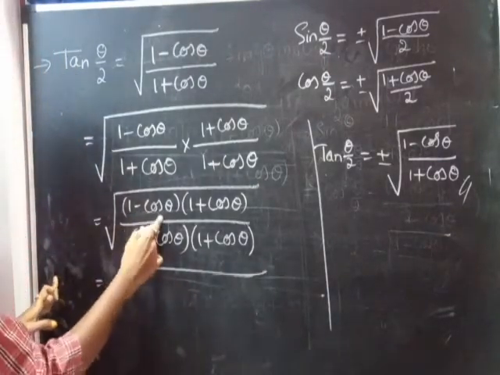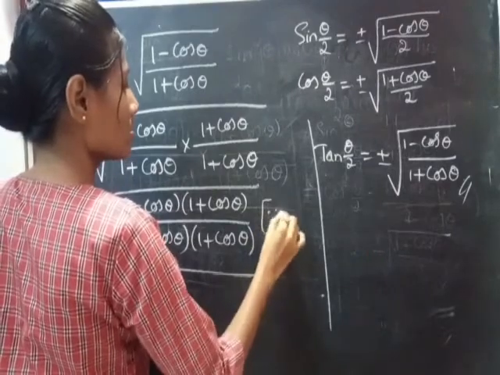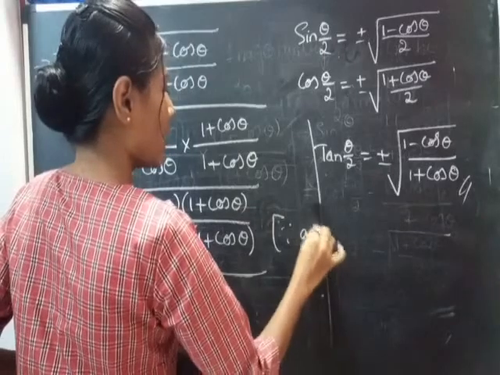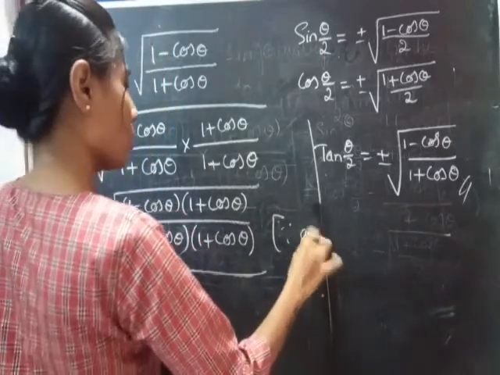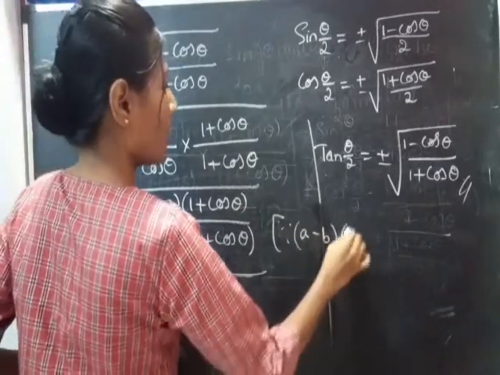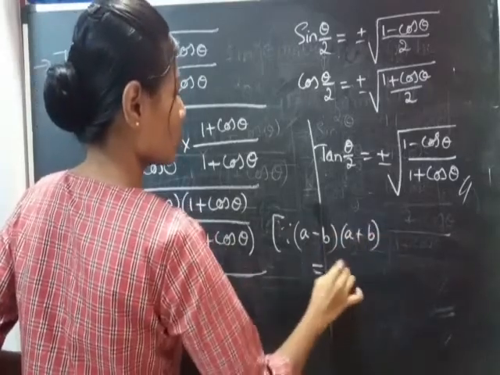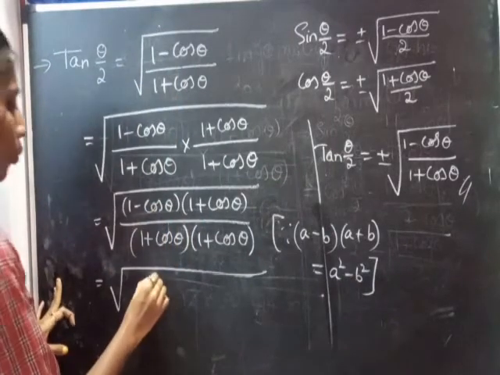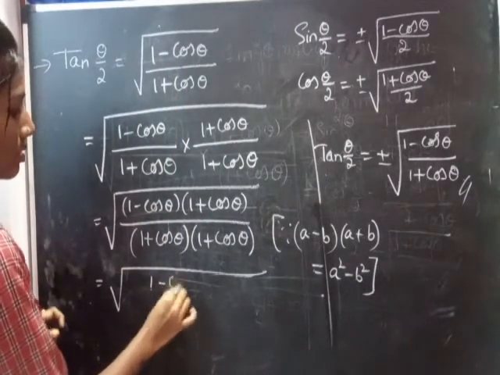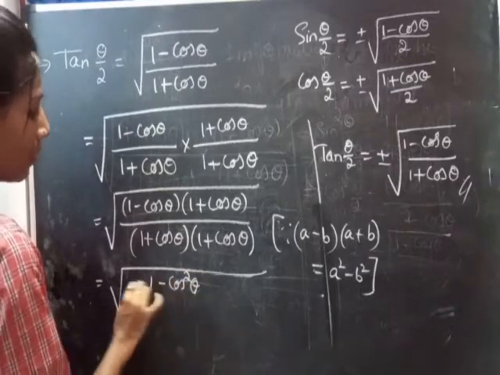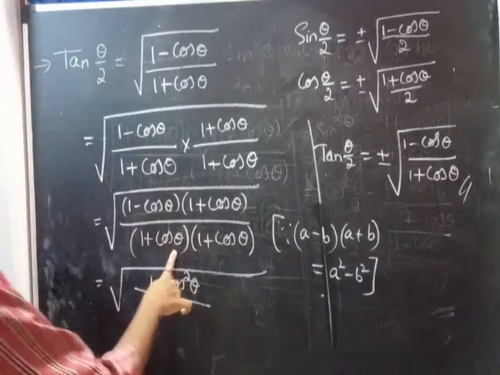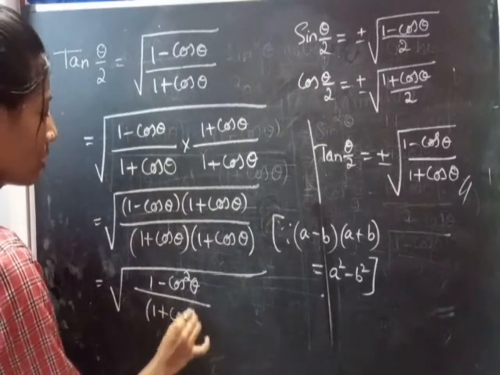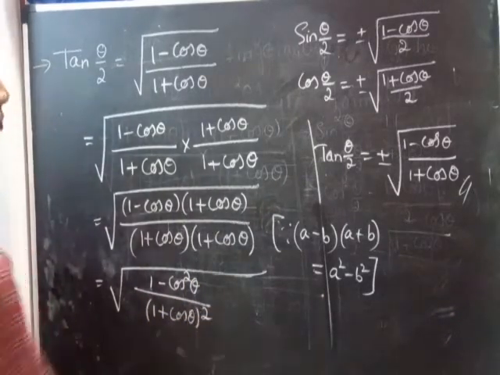We know that (a minus b) into (a plus b) is equal to a square minus b square. So you'll get 1 square, which is 1 minus cos square theta, by (1 plus cos theta) into (1 plus cos theta), which is (1 plus cos theta) whole square.